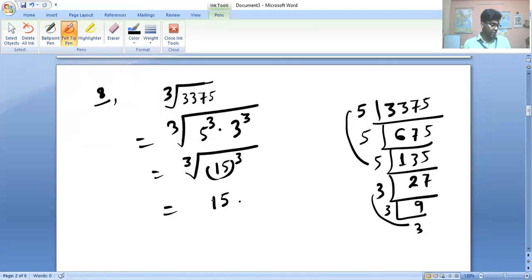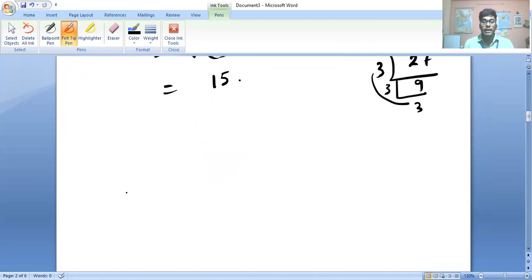Now let us do our next one. If a negative number's cube comes, then how do you do it? Let us do question number 9 and understand that. In question number 9, we have cube root of minus 216.